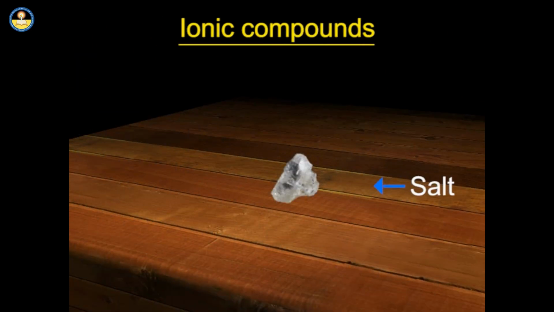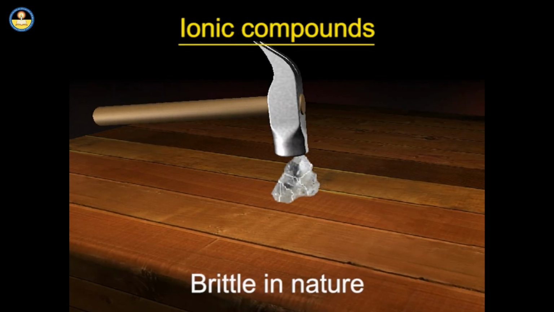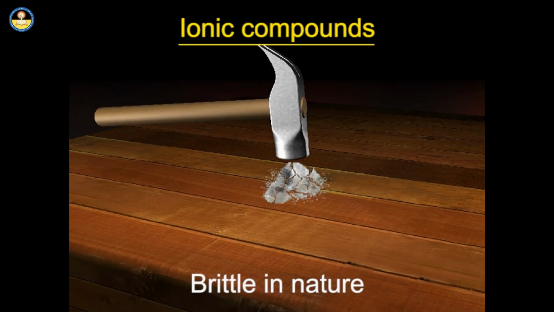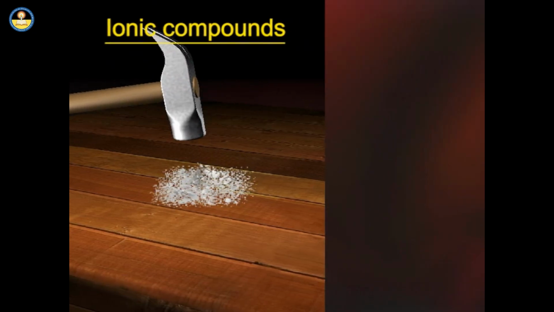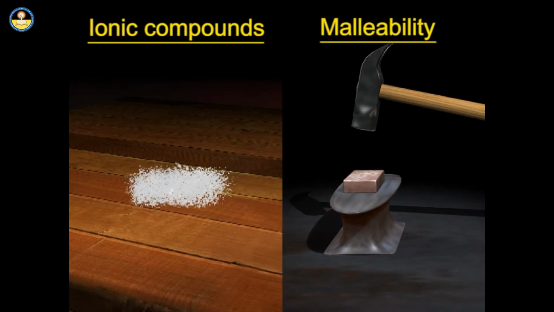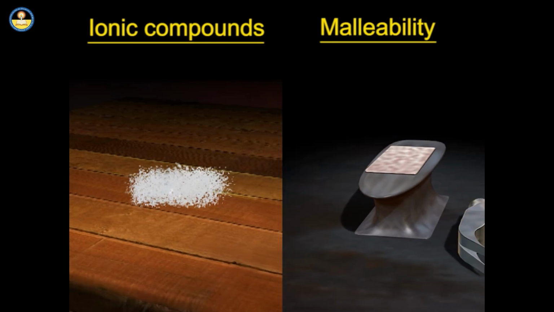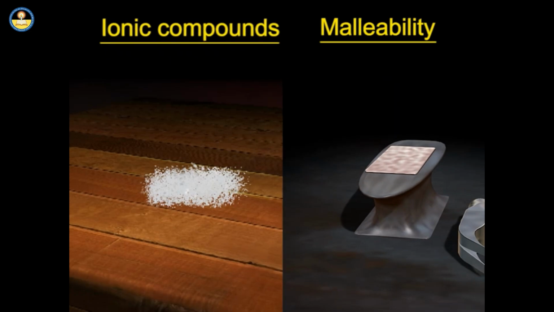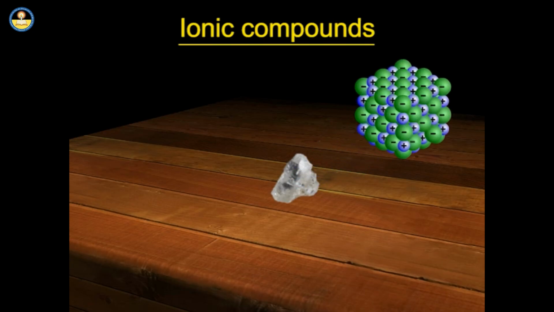Ionic compounds are brittle in nature. Brittleness is the ease with which an object can be broken. This property is exactly opposite of malleability, that is, the tendency to change shape without breaking, which is a characteristic of metals. The reason for brittleness of ionic compounds can be related to the close packing of oppositely charged ions.